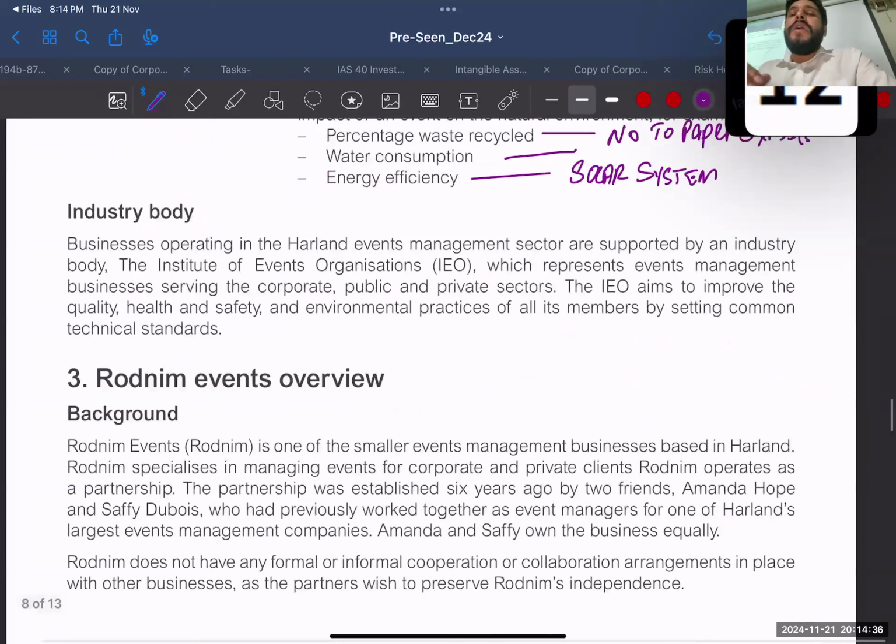Industry body. Businesses operating in the event management sector are supported by the industry body. Okay, so this is a governing body that looks after the event management companies that are operating in the region.